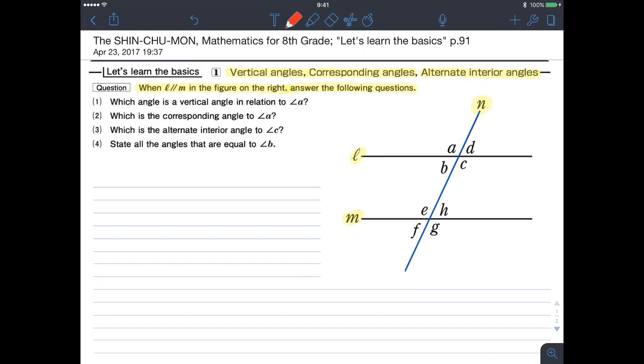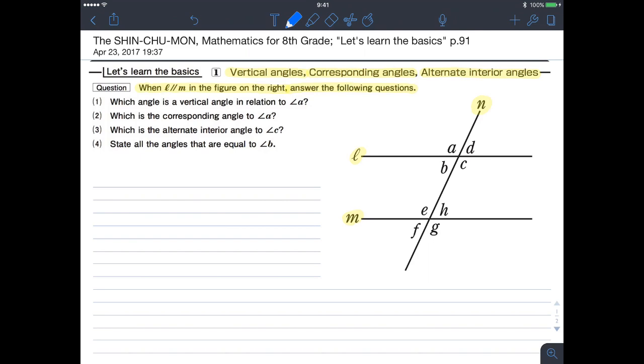Line N is called a transversal since it transverses or cuts across lines L and M. Notice at the point where line N transverses line L, four angles are created: angles A, B, C, and D. Also, at the point at which line N intersects line M, four more angles are created. They are labeled angle E, F, G, and H.